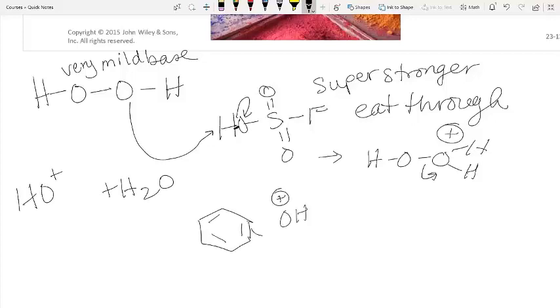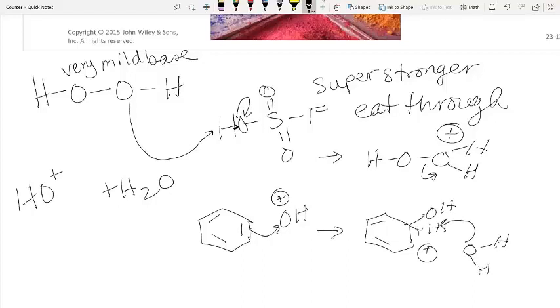So your textbook has some other ways of adding OH, and this one is not in your textbook. So the water is the base, and so it's actually acid catalyzed again, and you get phenol out of this reaction. So in class we'll talk more about the electrophilic aromatic substitution, and next week's videos will go into where things are on the ring and how it influences the reaction.